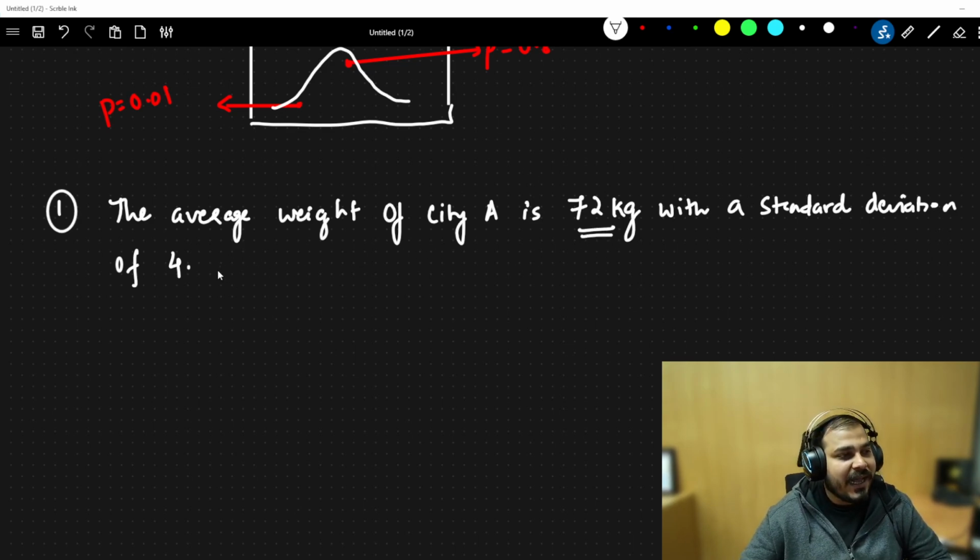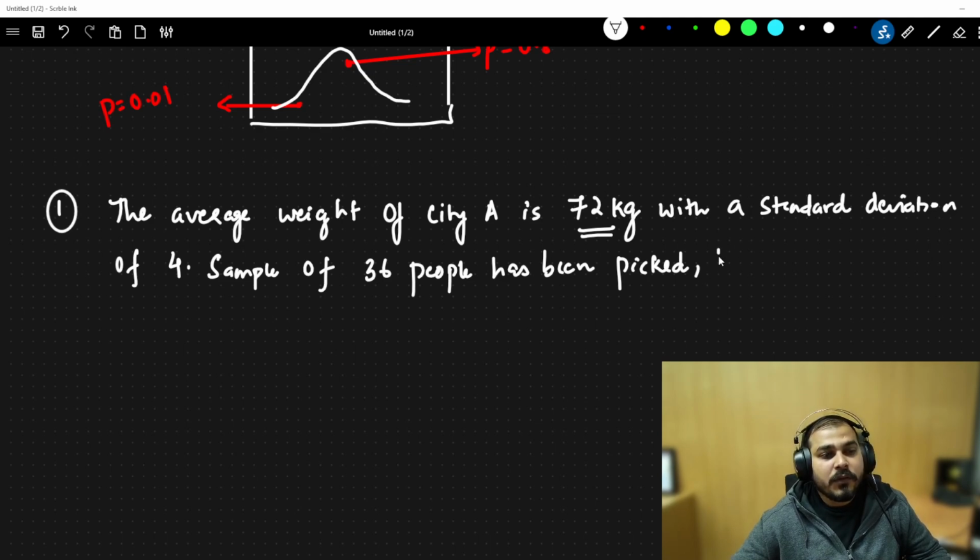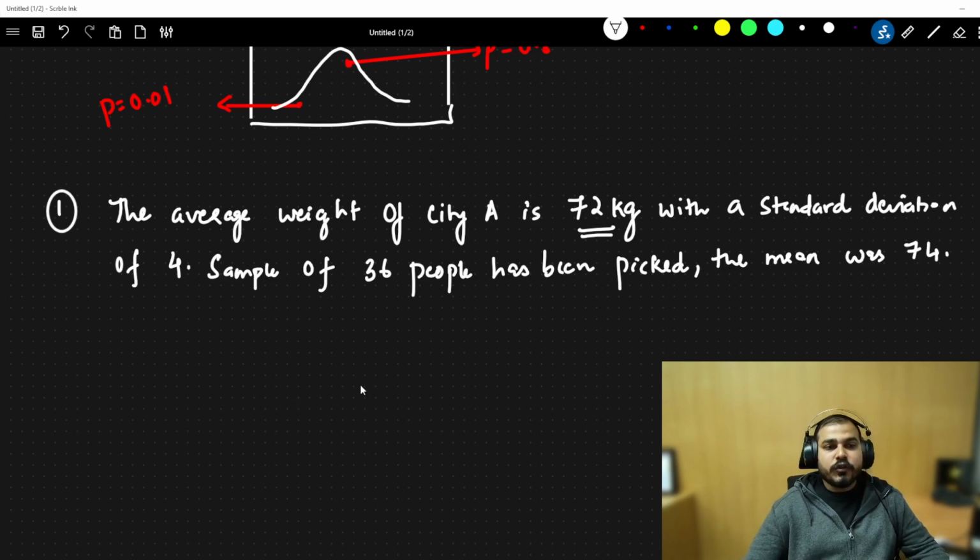So whether this mean, the average weight, is true or not. What I do is pick a sample of, let's say, 36 people from the city, and when I calculated the mean, the mean was, let's say, 74. I need to see whether this true mean is different or not. This is the exact question.